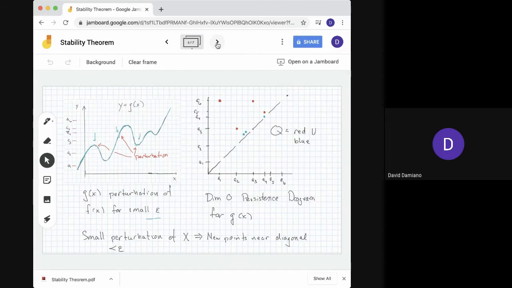Well, we can create a barcode and a persistence diagram associated with a filtration for the blue curve, the function g. Now, g has the same four persistence points we saw before. We didn't alter the major features of the local minima and local maxima.